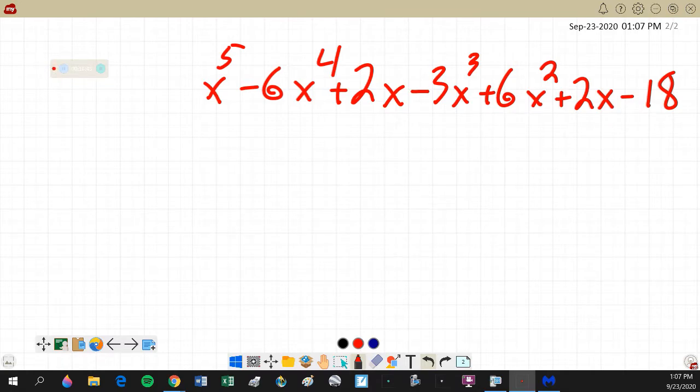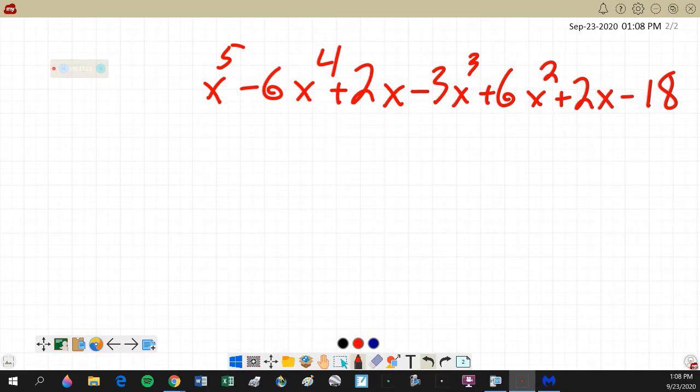Do you know how to factor an x to the 5th polynomial? No. I don't even know how to factor an x cubed. There are very few x cubes I know how to factor. And the reason is, every cubic equation is put in a category, and every category factors differently. So instead of learning all of the different categories, which I assume is really difficult because nobody does it, we just use tricks instead to figure out what the answers are.